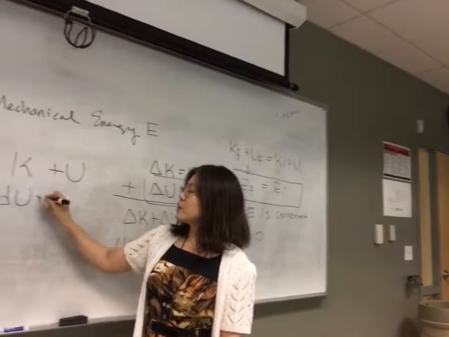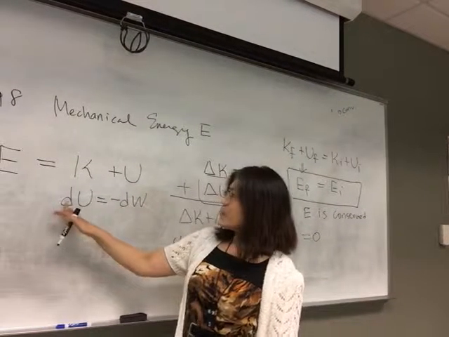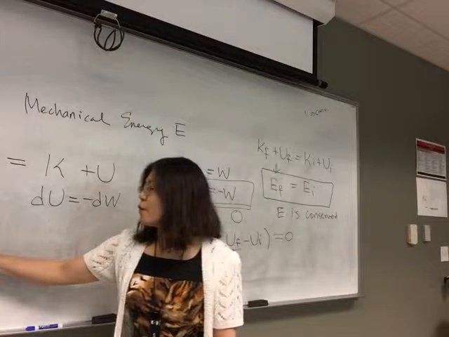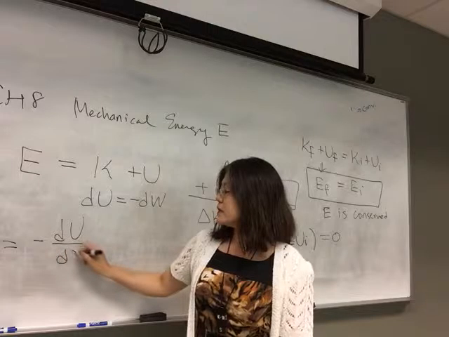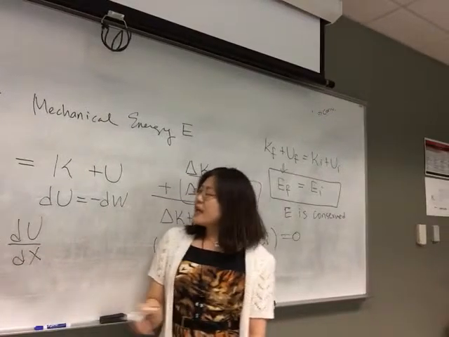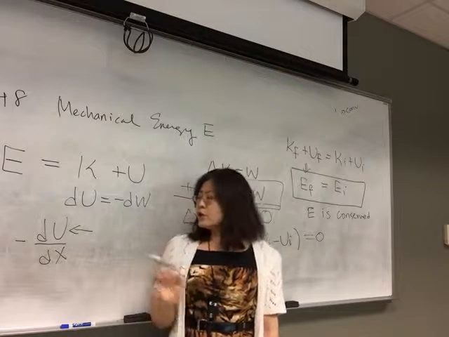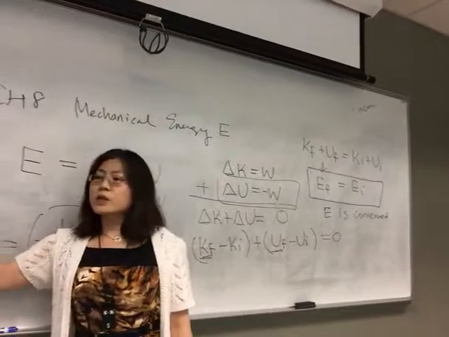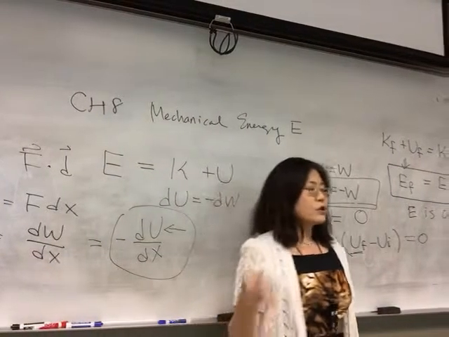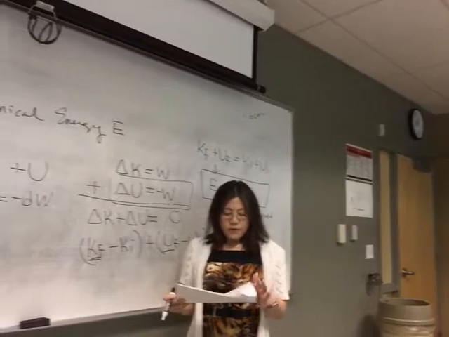So your dU is equal to negative dW. And then we're going to replace dW with negative dU. So the force is equal to negative dU over dx. So again, if you know the expression of the energy, then if you take this differential form, you can actually find out the expression for force. That, of course, is just for your information if you don't quite grasp what is going on here.